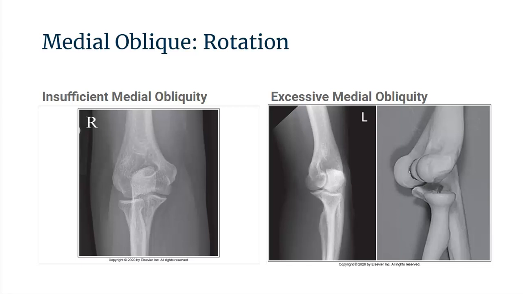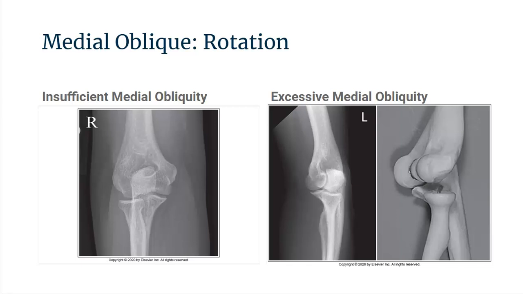So let's discuss the medial oblique elbow projection in the context of insufficient versus excessive obliquity. Proper positioning is crucial for an accurate medial oblique projection. The degree of obliquity affects the relationship between the radial head and ulna. When the humeral epicondyles are positioned at less than 45 degrees of obliquity with the IR, there is insufficient medial obliquity.